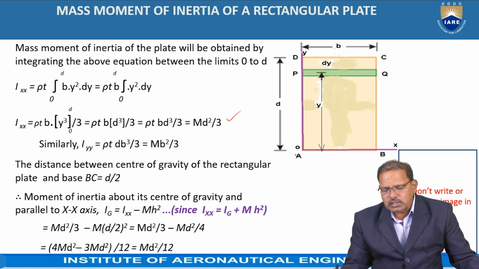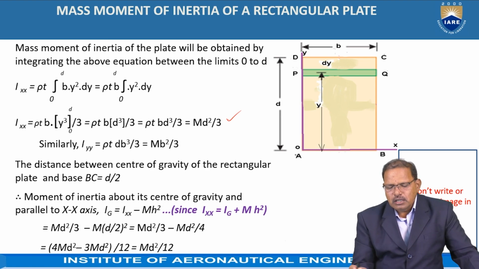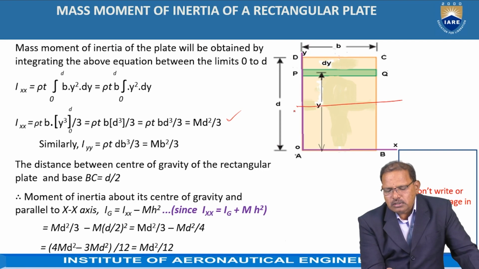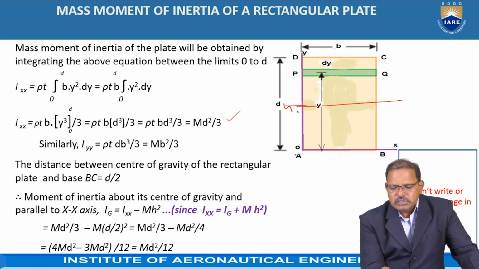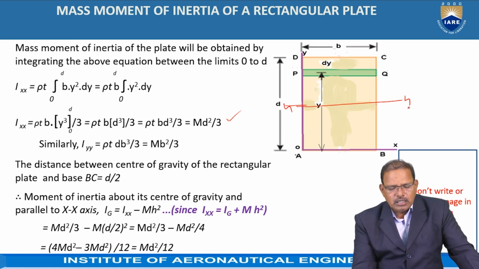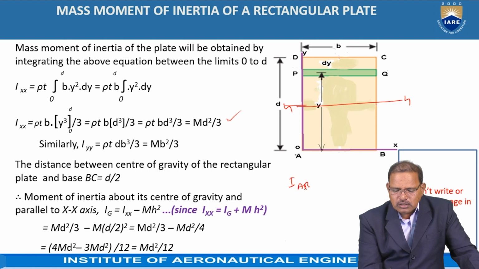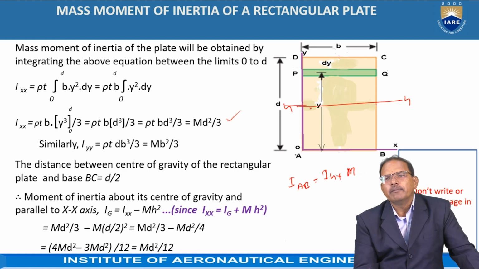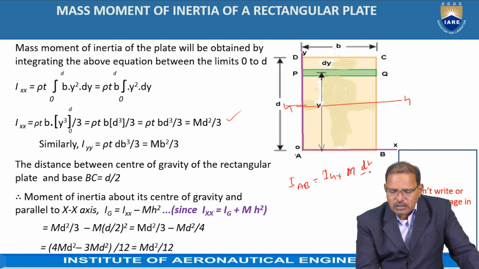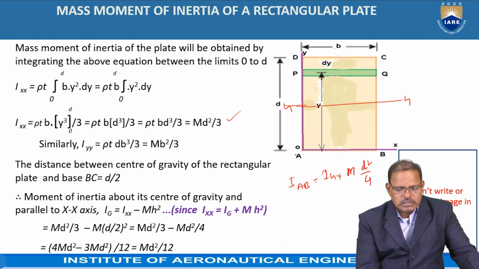The moment of inertia of this rectangular plate about the central axis, which is nothing but the midpoint of the depth, is obtained by using the parallel axis theorem. That is, IAB is equal to IG plus mass into the square of the distance. The distance is d by 2, that is d square by 4, so IG is equal to IAB minus md square by 4.